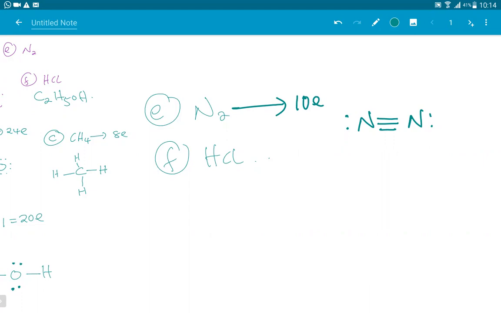But the other one, can someone tell us the other structure also? I got the valence electrons to be 8. Okay, so this is 8. Then chlorine.